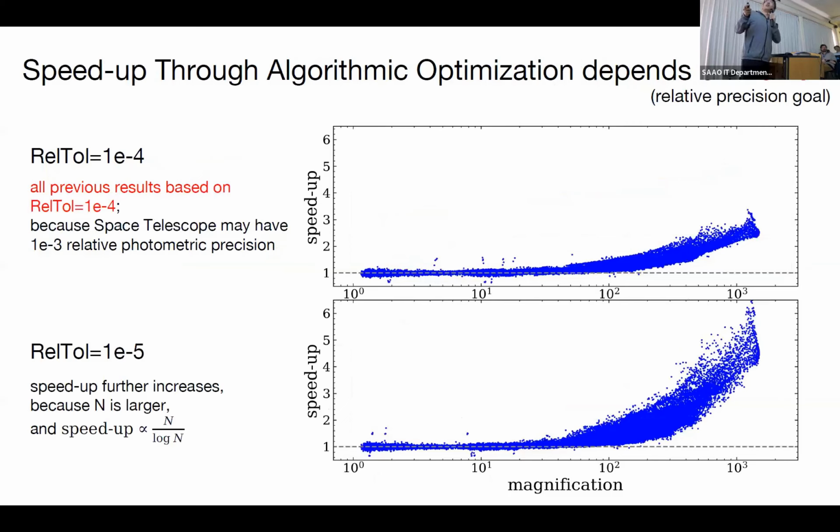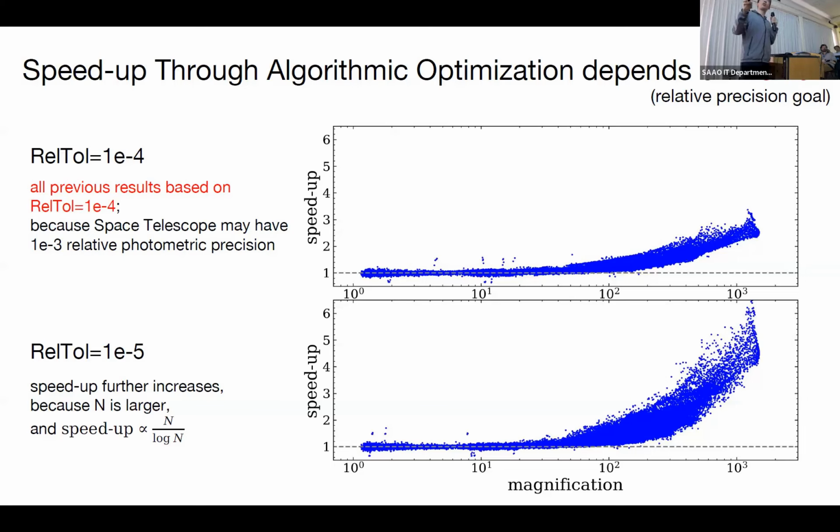The last one is the speed up through algorithmic optimization. It actually depends on the relative tolerance, which is the relative precision goal we set. I want to note that all previous results are based on a relative tolerance of 10 to the minus 4. Next generation space telescopes may have 10 to the minus 3 relative photometry precision, and our numerical results need to be at least an order of magnitude more accurate than the photometry.